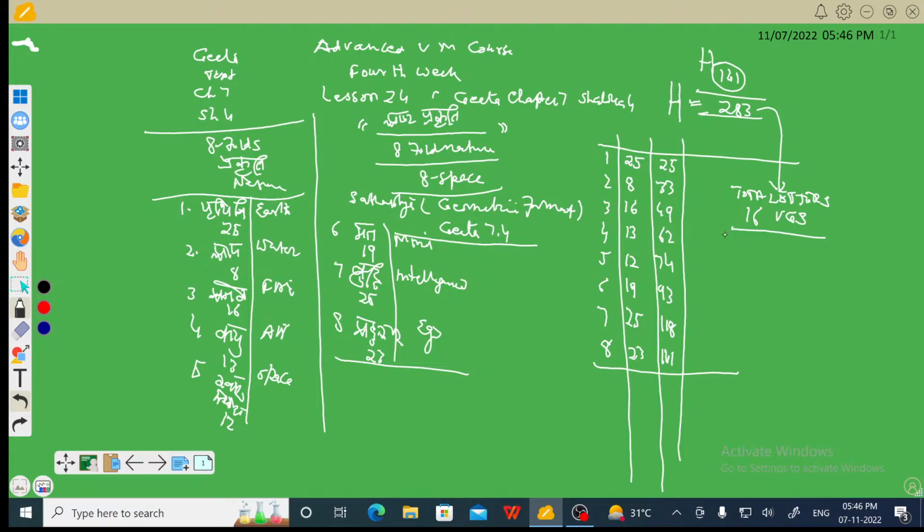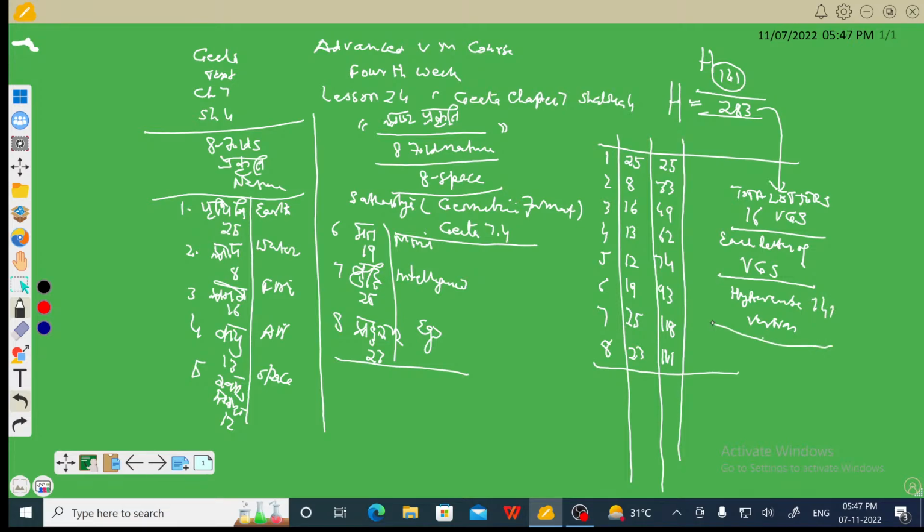So each letter of Vedic Ganita Sutras, all the 16 of them, is having a hypercube 141 version.